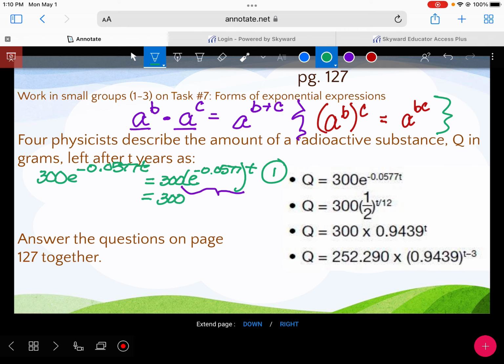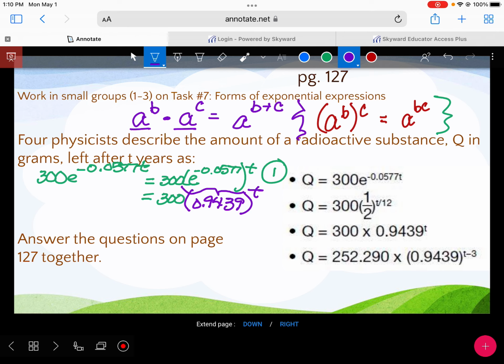And this e is, if you hit second and the natural log, so it's in the first column, 3rd row down. That's your e to the x. So what are you getting there? Okay, you should be getting, for this part, 0.9439, and then that would be also to the t power.